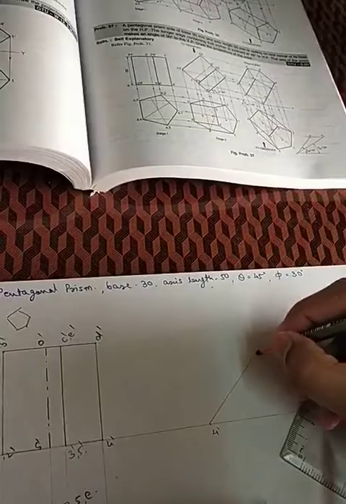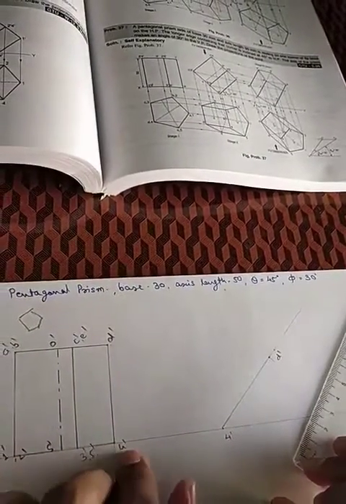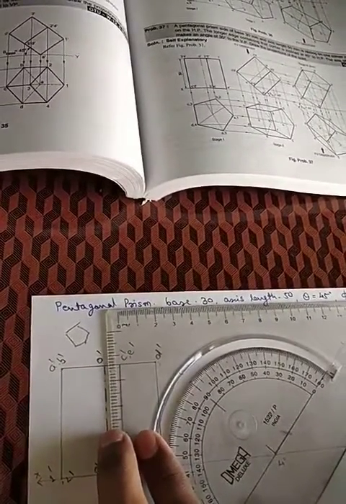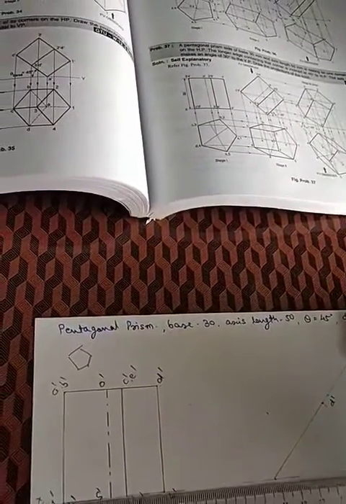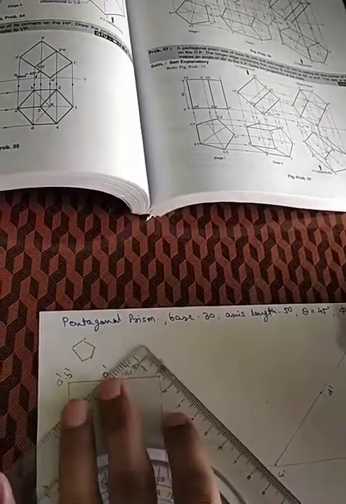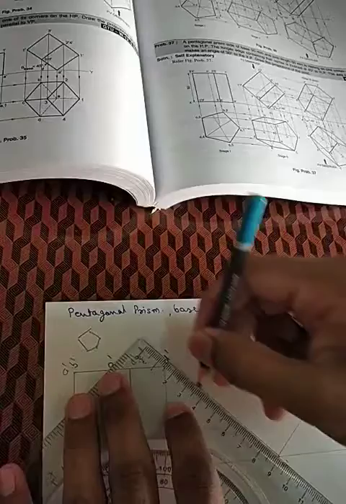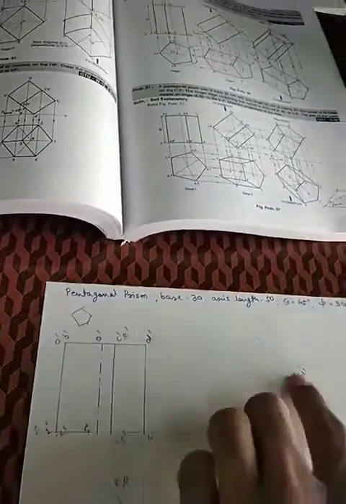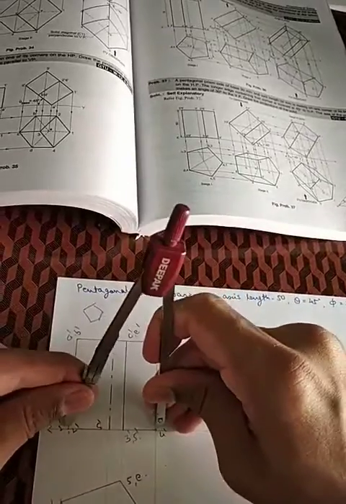Now that I got the D dash point, I know that this line 1 dash 4 dash is perpendicular to this line, so I have to make a perpendicular line like this. Similarly, I can draw a perpendicular line from this also.